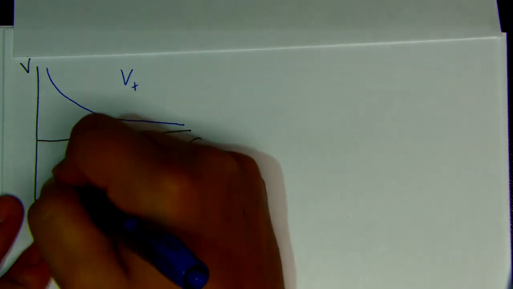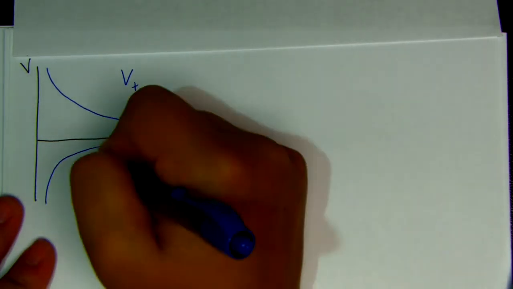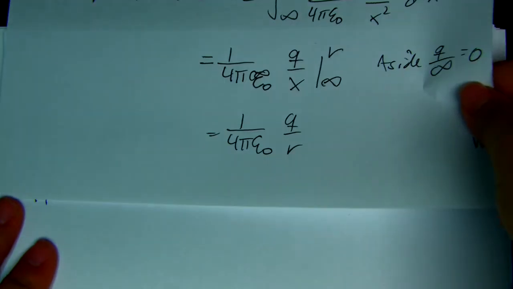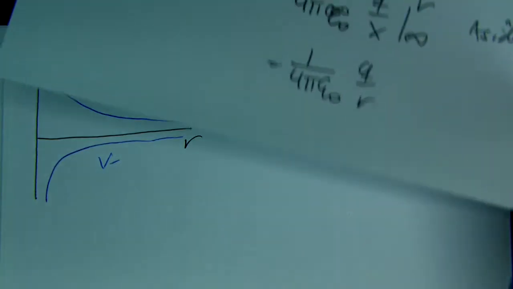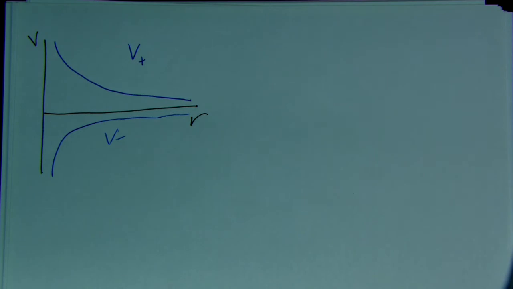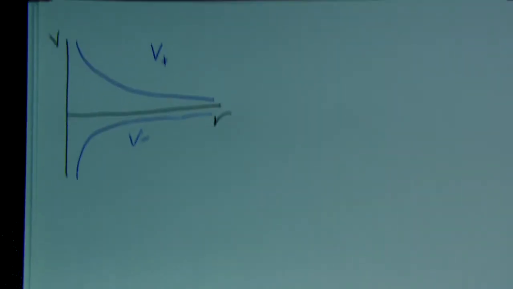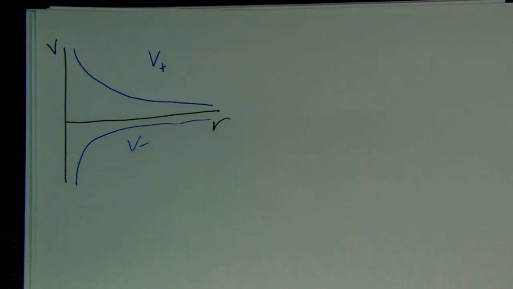And then for negative, it would look like this. So not unlike the graphs that we saw last semester when we looked at potential energy graphs. So we can see that electric potential just follows along with what we know about potential from mechanics.